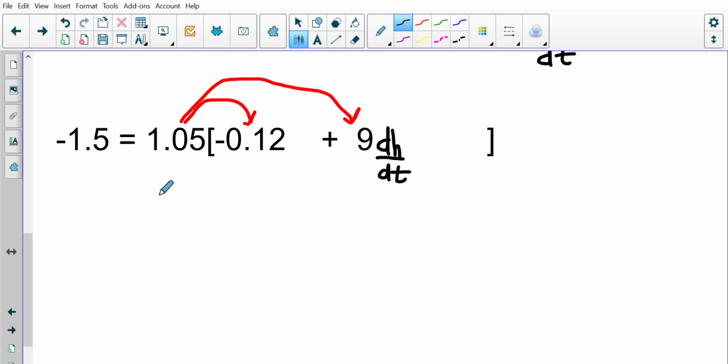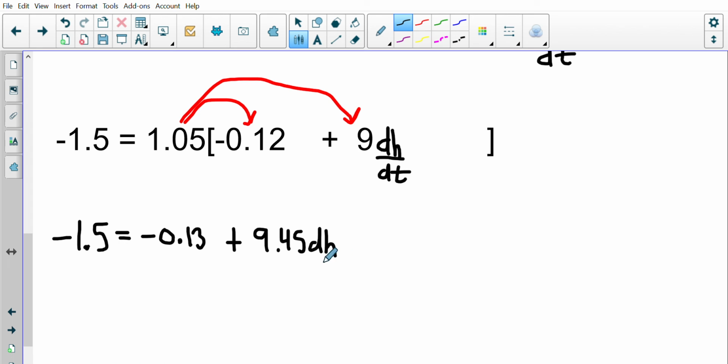All right, so we're getting down there now. It's getting easier. That's always the number one thing in math. When things start getting more complicated, you know you're going the wrong way. All right, so I've got 1.05 times negative 0.12, and I get negative 0.13. Then 1.05 times 9 times dh dt, I'm getting 9.45 dh dt.